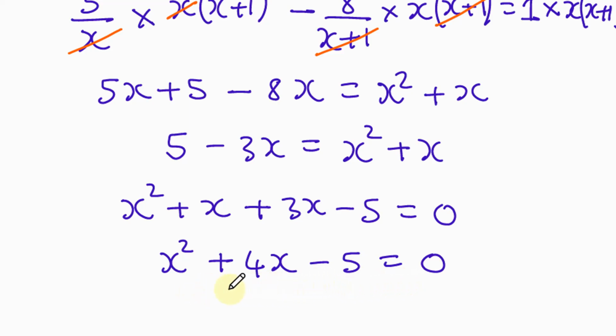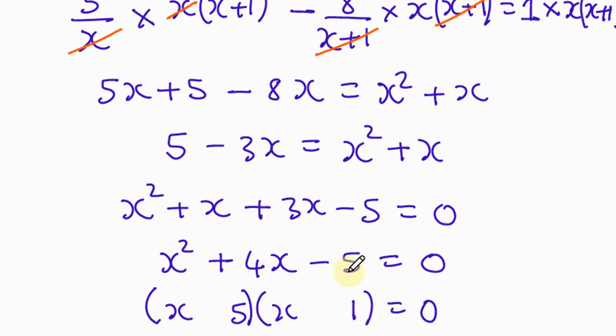It's not specified how we should solve it, so we can use either the quadratic formula or we can use factorization. Let's use factorization. So we have x times x will give us x squared, and 5 times 1 will give us 5.